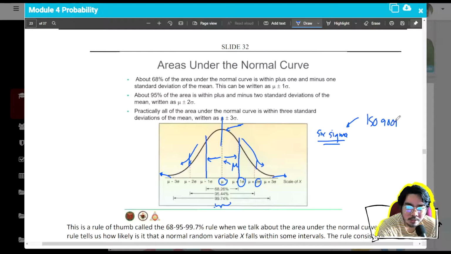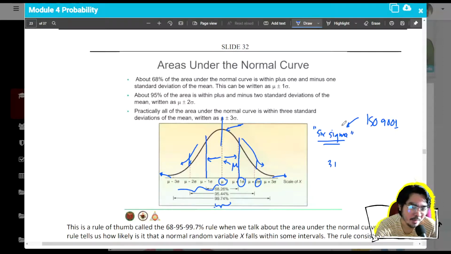So ISO 9001 is a parang international standard for quality assurance, and usually you'll encounter the term Six Sigma, no? So what Six Sigma is saying is that, kasi di ba, this is 3 sigma to the left and 3 sigma to the right. So 3 sigma plus 3 sigma is equal to 6 sigma, and 6 sigma means that you are accounting for 99.74% of the probable variation dun sa process na yun.